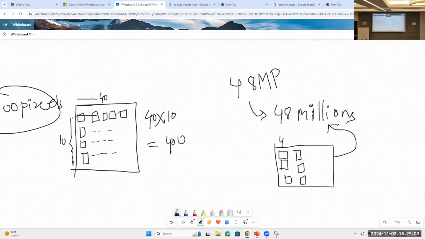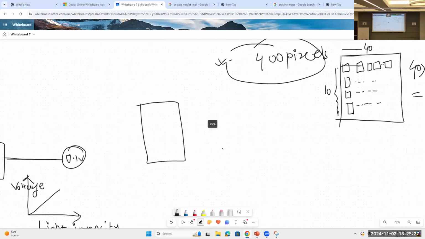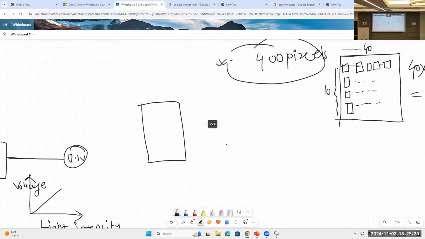So there are 48 million photodiodes inside an image sensor chip. These photodiodes are arranged in a chip, which is called an image sensor chip. If you go up, you will integrate more photodiodes inside a camera. So we will try to mimic that.